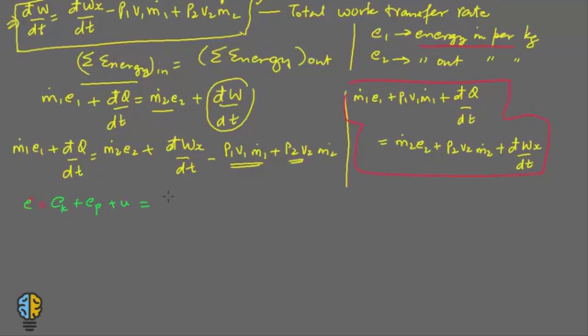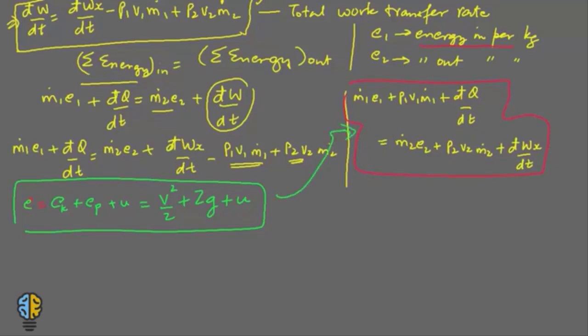So kinetic energy per unit mass is v square by 2. The potential energy per unit mass is elevation into gravity, and this remains u. So this is a very, very important thing to remember over here.